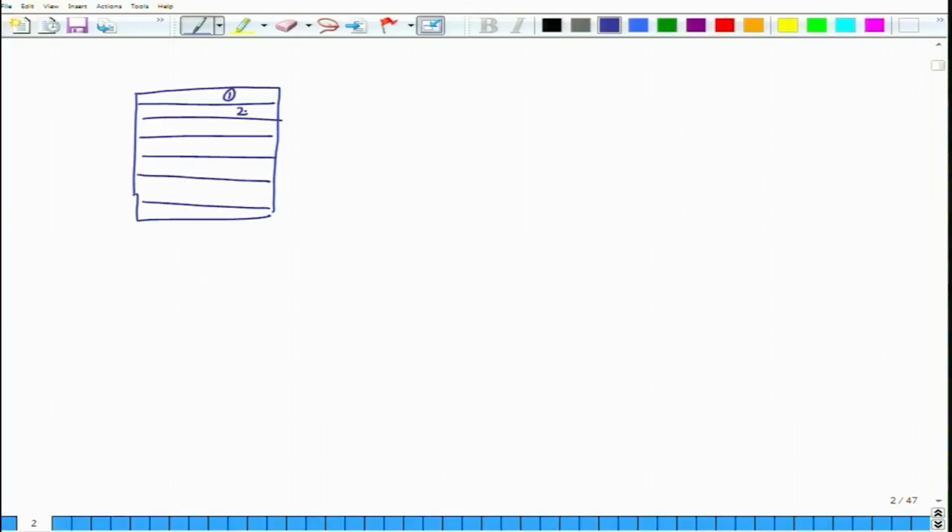So, this could be 1, 2, 3, 4, 5, 6, and whatever number of layers could be there, and each layer could be different in terms of material properties, and also different in terms of orientation.